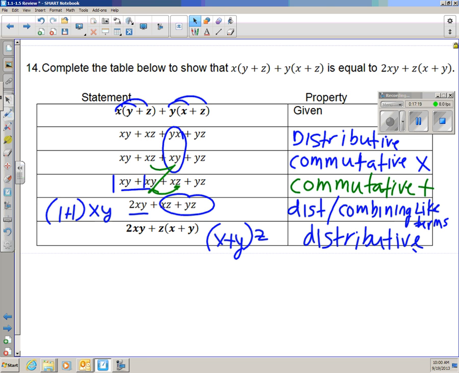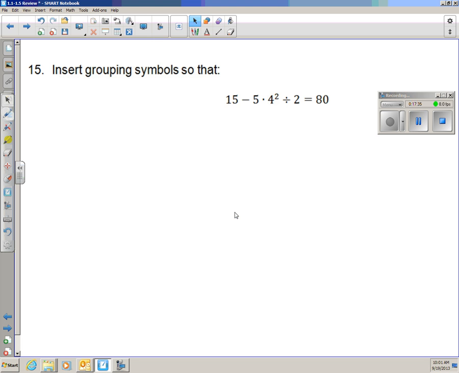Winding down. Next problem. Go back, switch it. Number 15 talks about inserting grouping symbols so you can get something to work. Insert grouping symbols so that we can get 80 to come out.